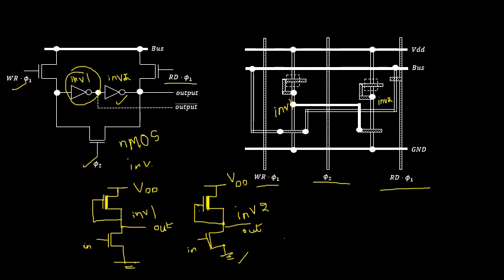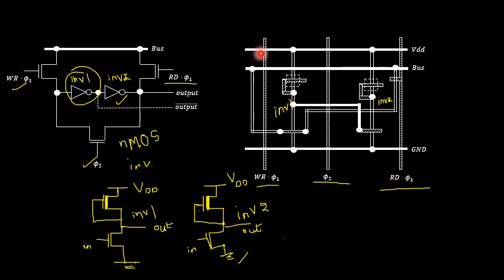Let us start to draw the stick diagram. So first and foremost thing is write dot phi 1. All the vertical layers I am going to assume to be polysilicon layers for the write signal, phi 2 signal, as well as for the read dot phi 1 signal. So if you see here, all these three vertical layers are polysilicon layers.